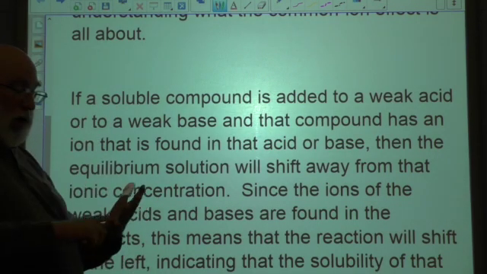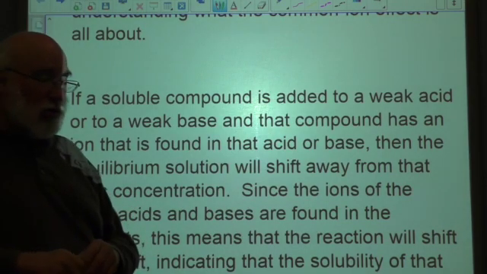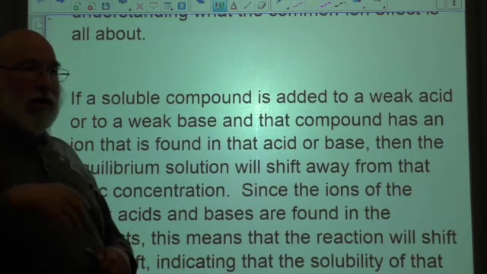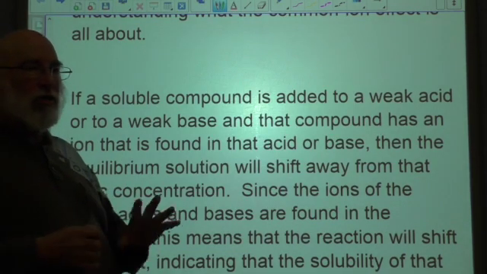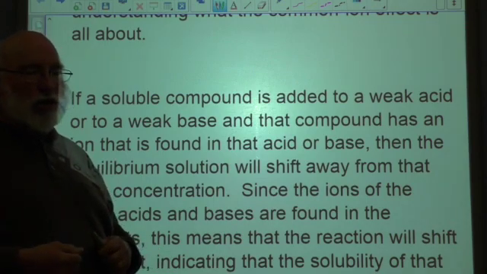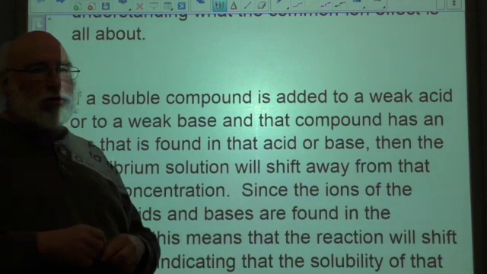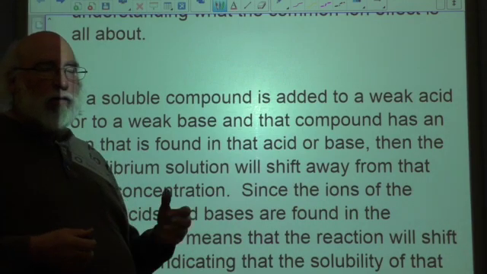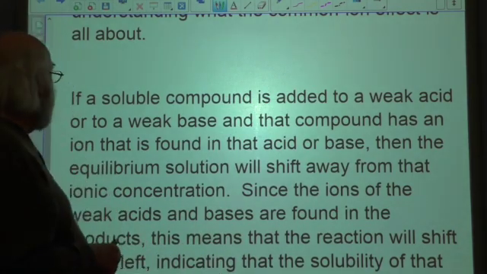We're looking at weak acids and weak bases as the compound that's being dissolved, and then we're going to add a compound with one of those ions in it that's going to cause it to shift away, and we're going to be able to predict how much change is going to take place, and the new concentration of dissolved substance as a result of that increase.